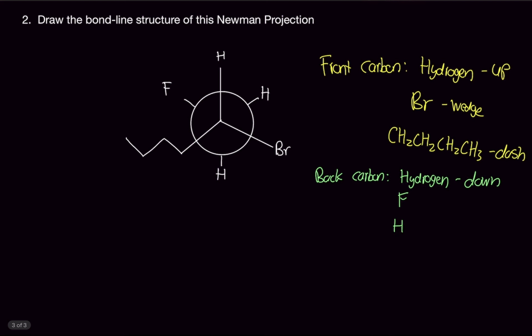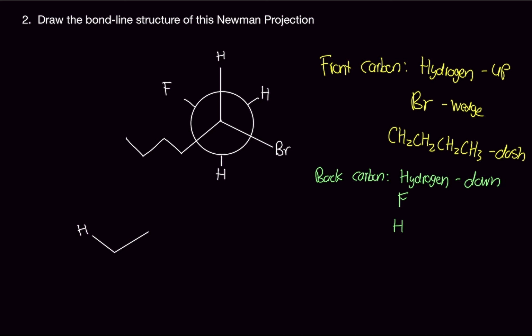So what does this mean? How do we draw this? We have hydrogen in the up position. We first draw the front carbon and the back carbon like this. The reason I'm drawing this is because we need something like this for the hydrogen here.